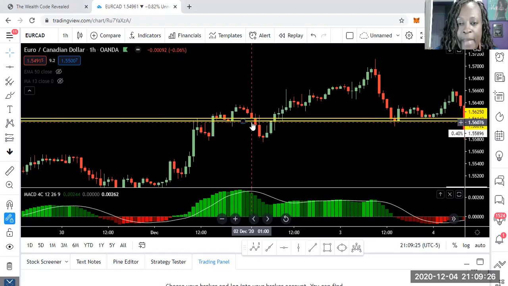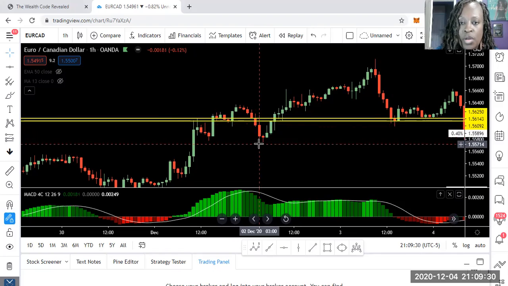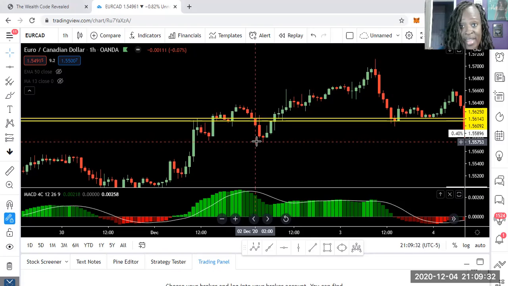So here it is. Now, price came back into the zone right here at this candle, and it pushed down. You may have gotten nervous at this point. Listen, price moves. It never goes straight down or straight up. You don't have to worry about any of that. You follow the trend, follow your plan, follow your entry technique, and let it do what it's going to do.